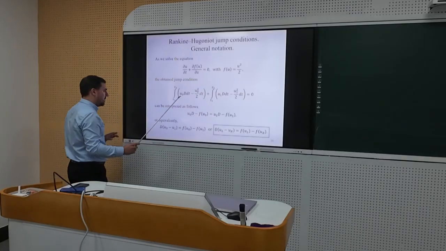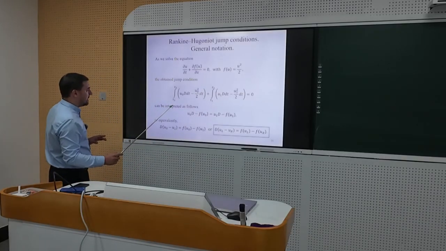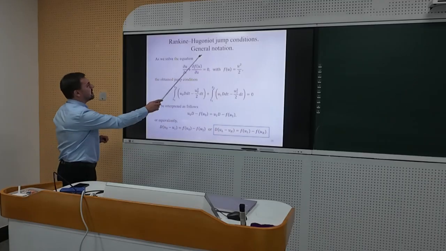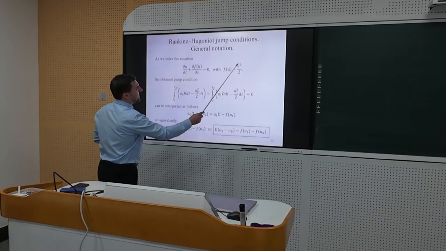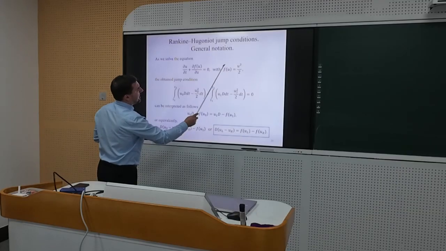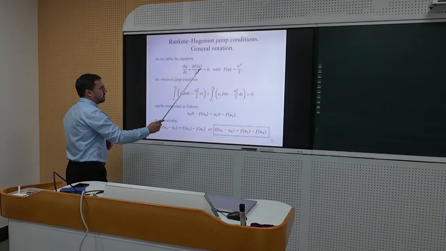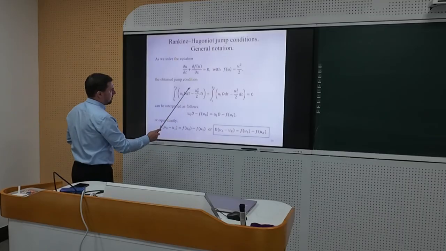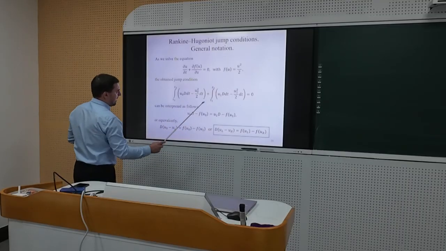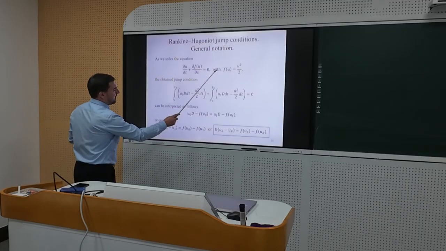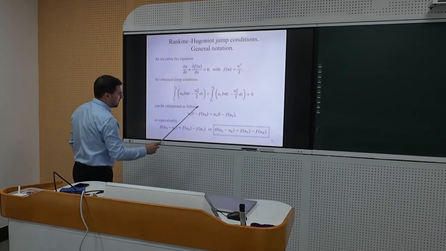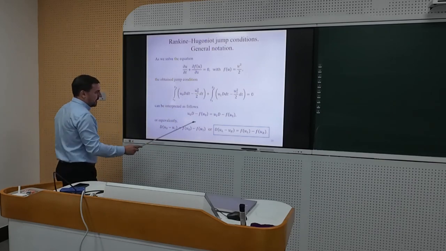But at this stage, it can be interpreted in the following general notation: we don't want to use the Hopf equation, but we want to keep a general flux function. So if you want to keep a general flux function, it should be f and f here. Then we carry out just the same procedure, but we do not specify that the flux function equals u squared over 2. And we get this one and this.